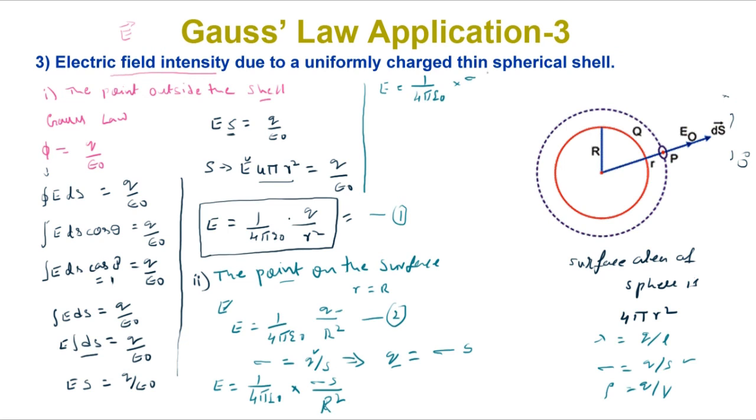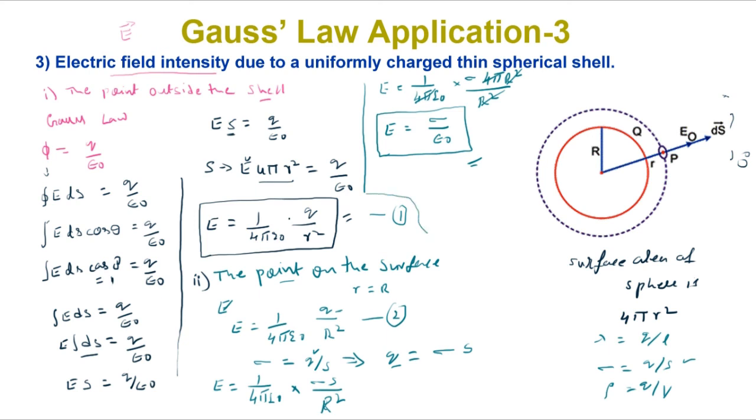The surface area of the sphere is 4 pi capital R square, whole divided by R square. Here R square and R square cancel, and 4 pi and 4 pi cancel. Finally, what is left? E is equal to sigma divided by epsilon naught. So on the surface of a uniformly charged sphere, the electric field intensity is sigma divided by epsilon naught. This is the second one.